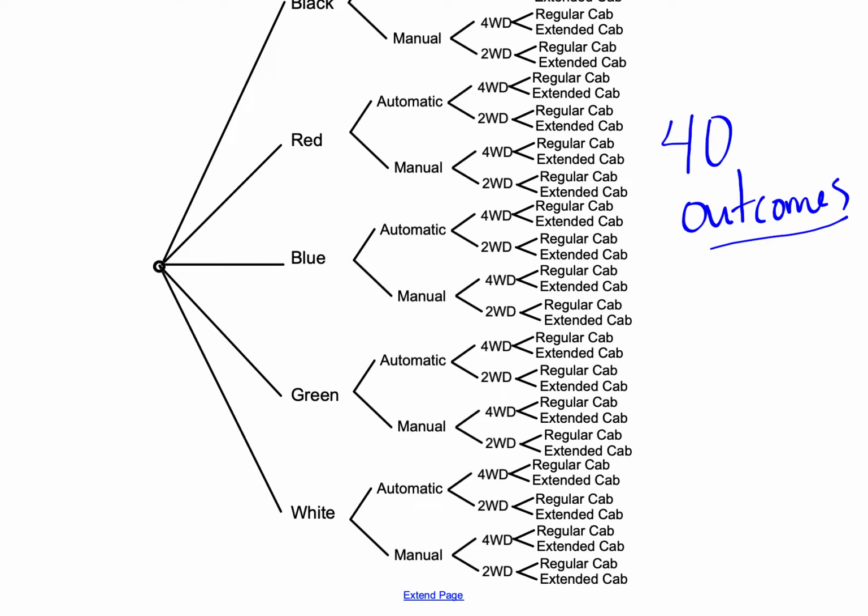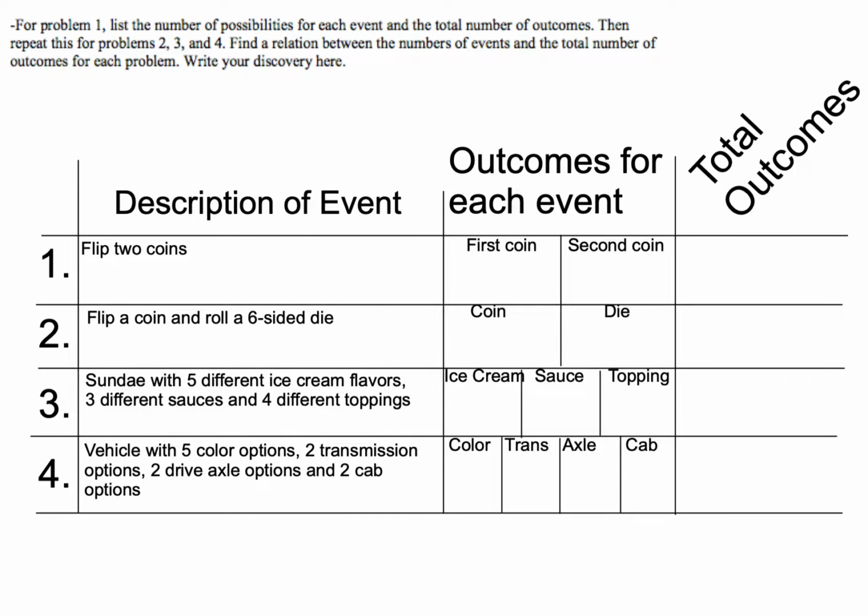Okay, let's take a look in general here. When I flip 2 coins, the first coin has 2 outcomes. The second coin has 2 outcomes, and the total number of outcomes was 4. On the second one, the coin had 2 outcomes, the die roll had 6 outcomes, and there were a total of 12 outcomes in the sample space.